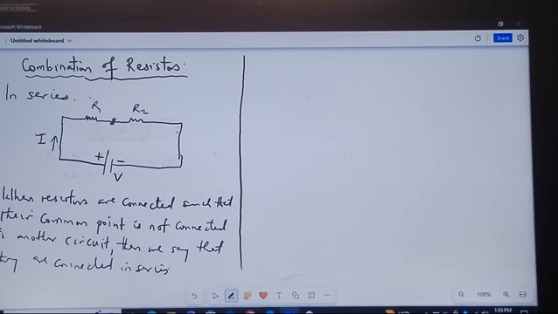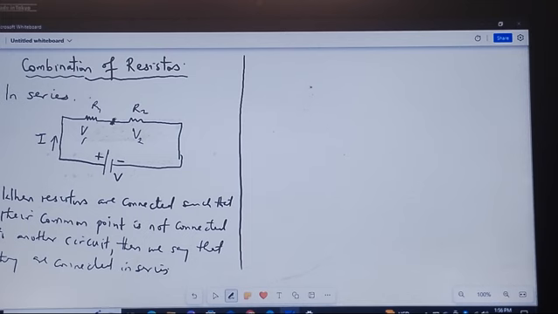And when resistors are in series, the same current will flow through them, but they will be maintained at different potential difference. The only way they can have the same value for potential difference is if the resistors are equal, that is, they are having the same value. But take note that for resistors in series, the current flowing through is the same, but the voltage is not the same.